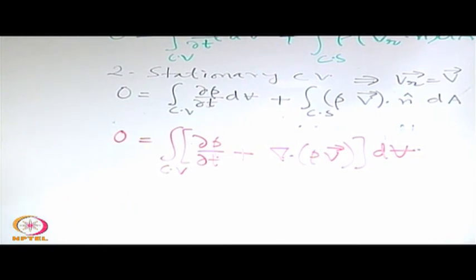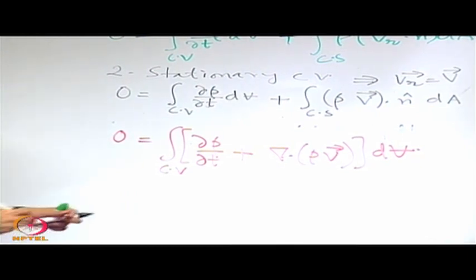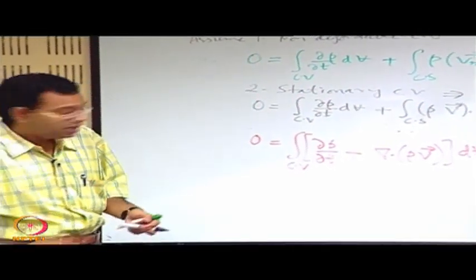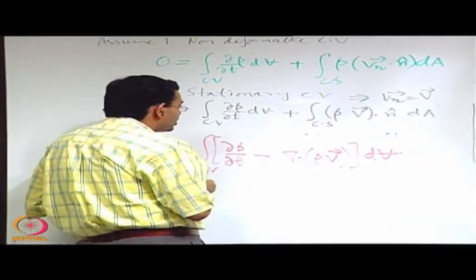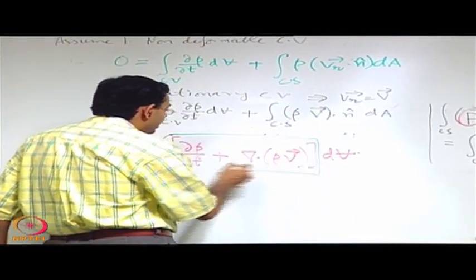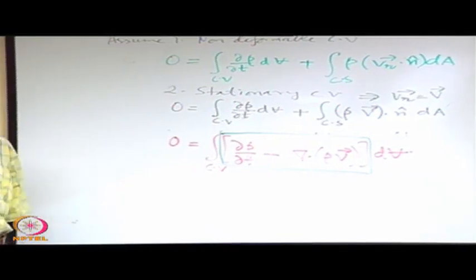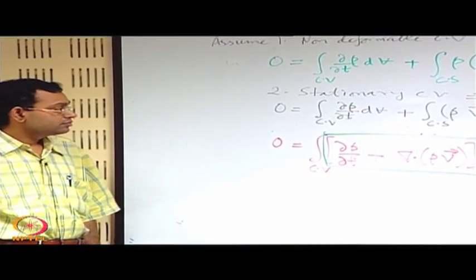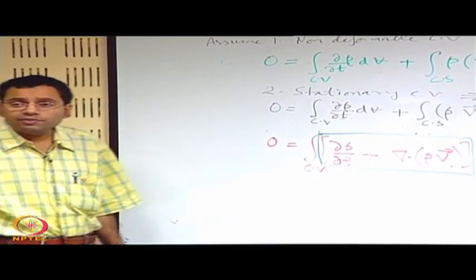So, you are now left with the integral of something dV equal to 0. The big question is, does it mean that the term in the square bracket, which is the integrand, has to be 0? Yes or no? In a special case maybe yes.